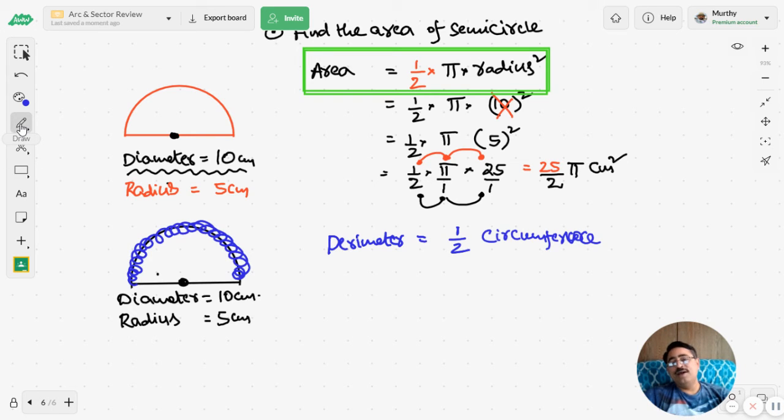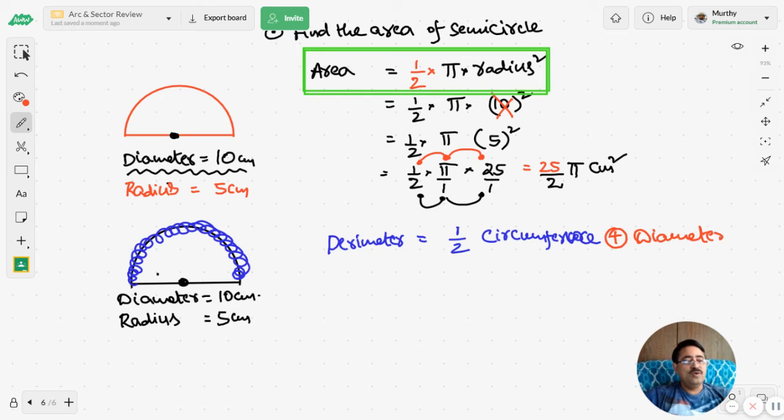But notice that you are leaving this part out, right? Therefore, what is the perimeter of this one? You have to take half of circumference plus 2 times radius, or you can say diameter.